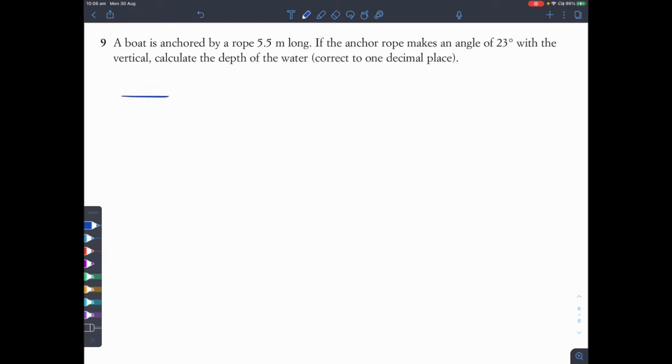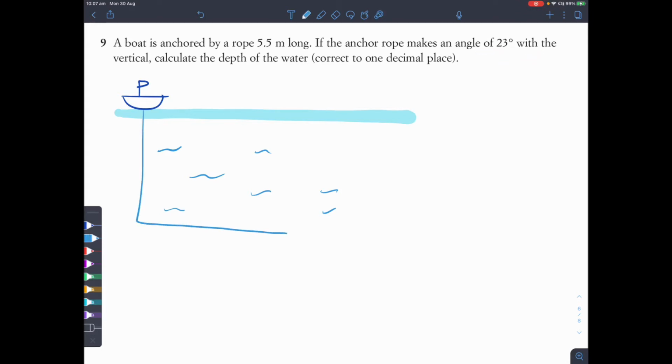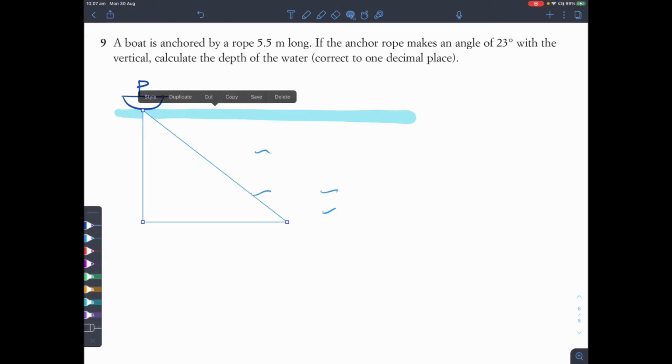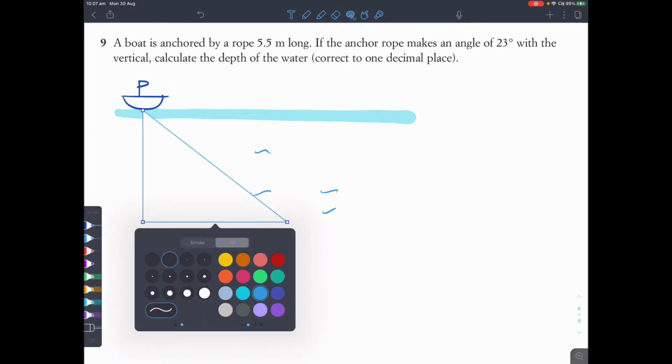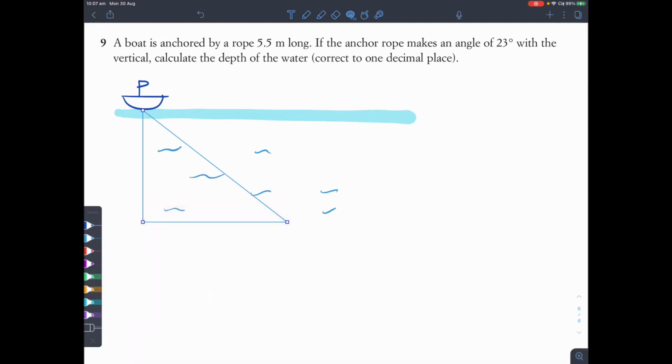We've got a boat here. Okay, let me just draw that boat. It's on top of the water, right there. So here's my water. And apparently it's anchored by a rope 5.5 meters long. And the rope makes an angle of 23 degrees with the vertical. So if I was to draw a right angle triangle right here, okay, there we go.